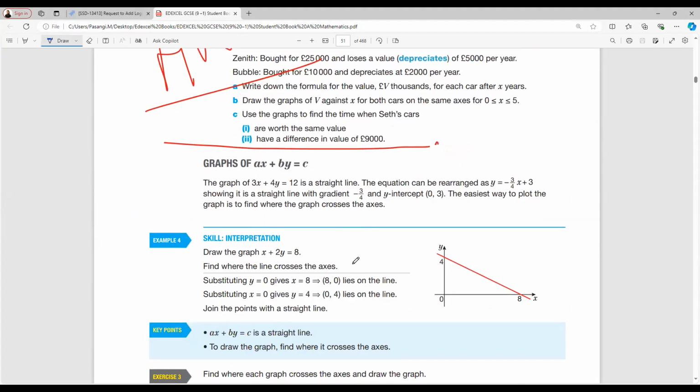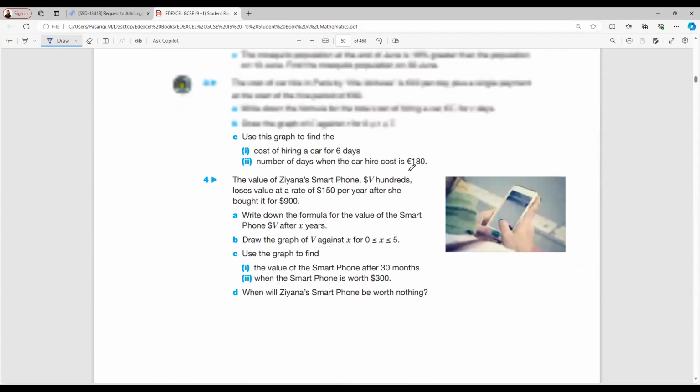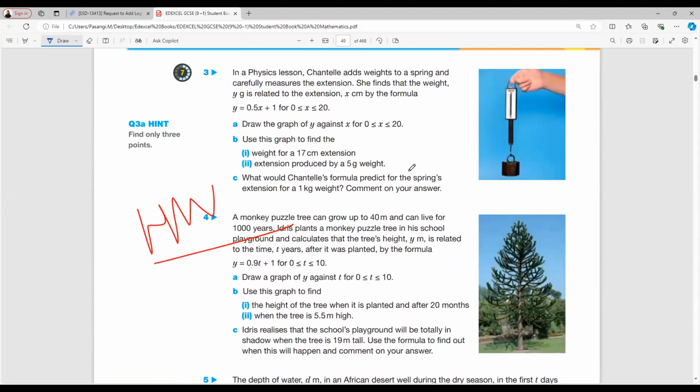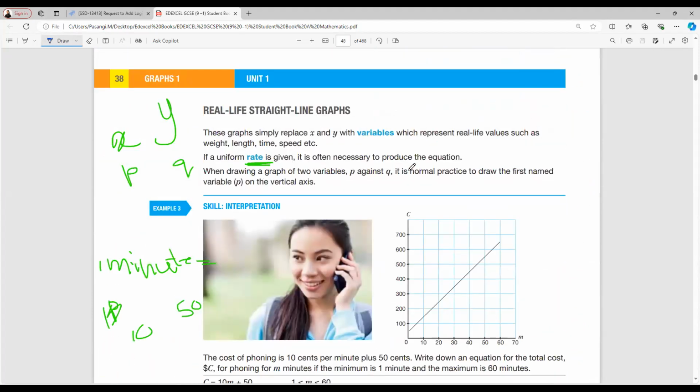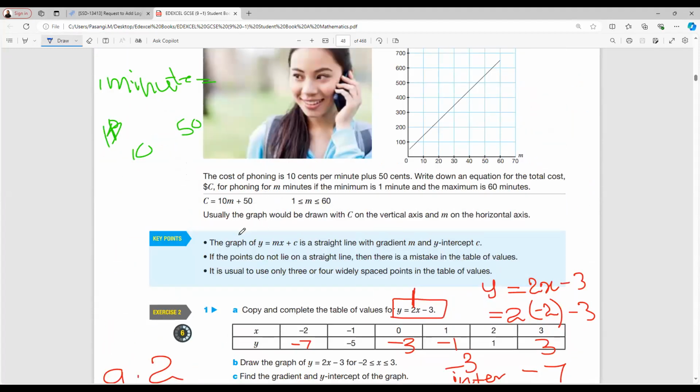Okay. So last week, what we did here, we just did all these straight line equations. y is equals to mx plus c, and there we learned that m is the gradient and c is the intercept.